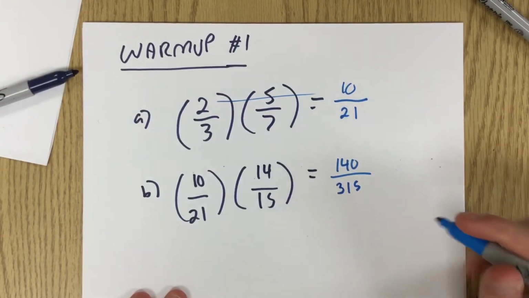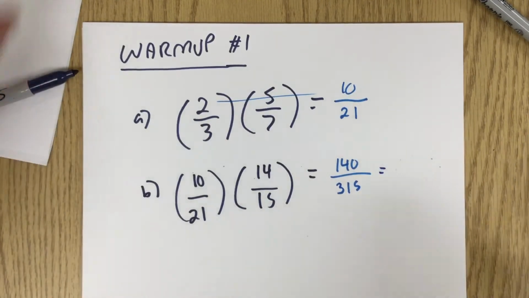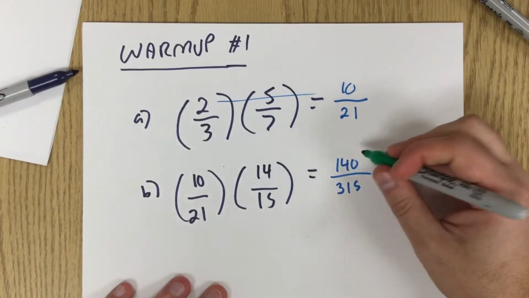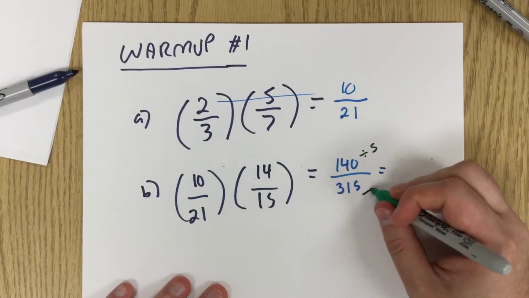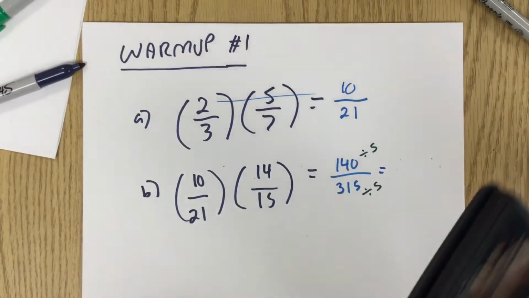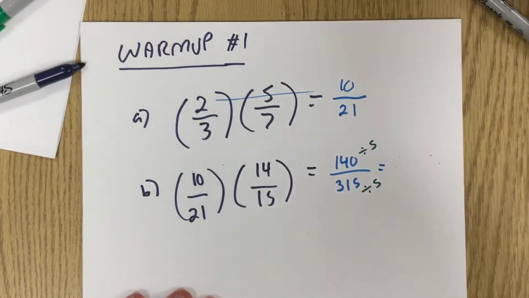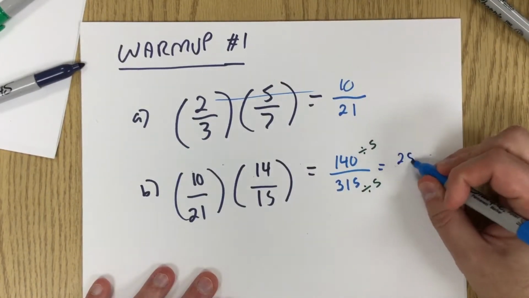These are obviously both divisible by 5. So what I would do is divide them both by 5. 140 divided by 5, I think it's 28. Yep, it's 28.